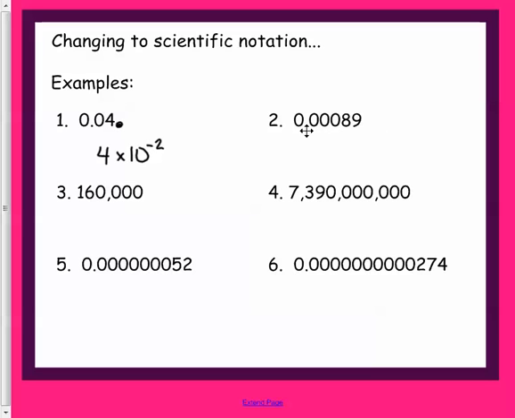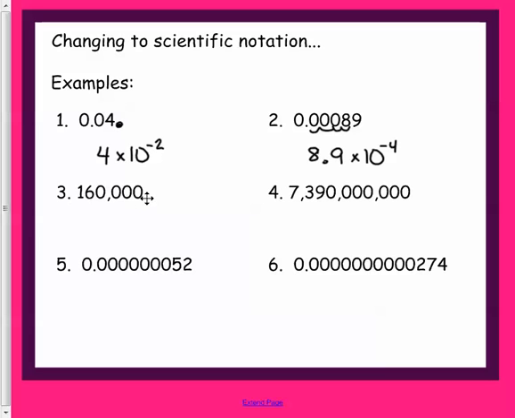This is again another small number, and it's getting bigger through scientific notation. We're looking at it as an 8.9. I've moved my decimal point, so it's really times 10 to the negative 4th power.